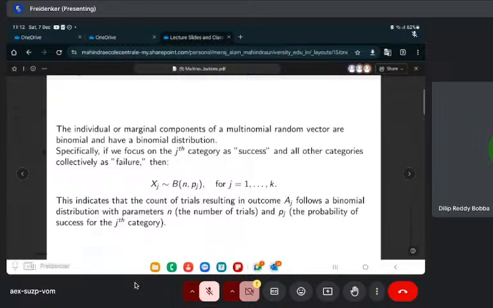Let's say you want to find the marginal probability density function of xj. Now you will consider small pj as success and 1 minus small pj as failure. So now it becomes a binomial distribution.